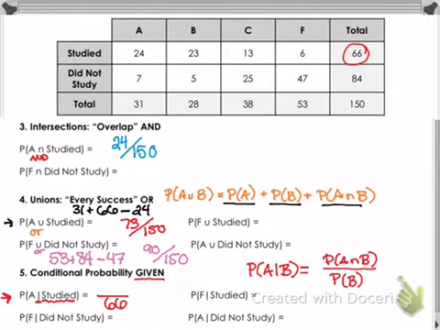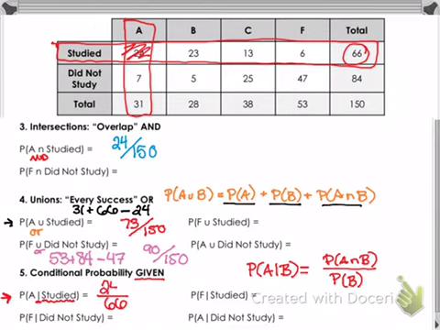So it's the overlap of A, so here's our A row, and studied. And as we've seen in our last couple examples, that overlap right there is what happens twice, and that's 24. So what often throws students off about this one is because we didn't use the real total. We used new numbers. So the thing on the bottom is the second thing listed, it's the given thing. And what's on the top is their and, is their overlap.